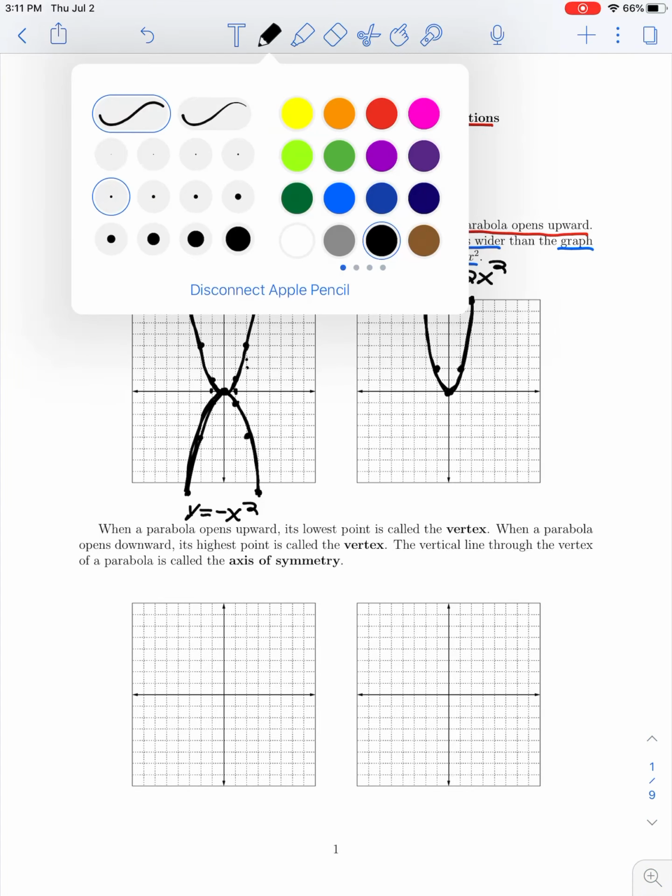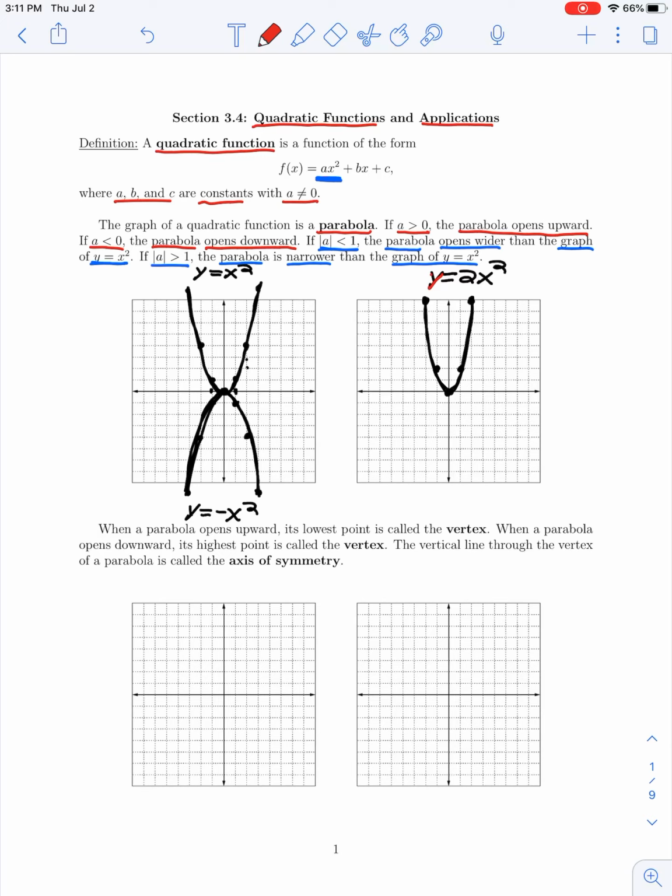So maybe for comparison's sake, let me use some different colors here. Let's say that y equals 2x squared I'll plot in red as this curve we've just shown here. Our original function, y equals x squared, let's plot on the same set of axes. So when x was plus or minus 1, we had 1.